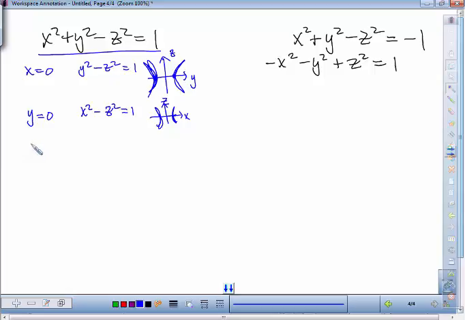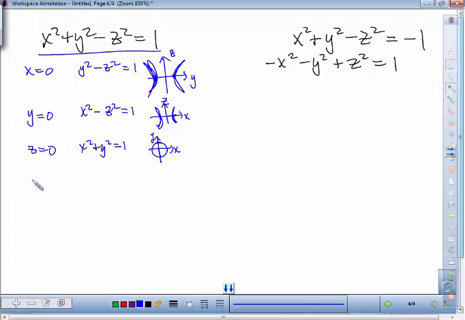And when z is equal to 0, this is x squared plus y squared is equal to 1. So this one actually is another one. Okay, we'll find some more cuts.